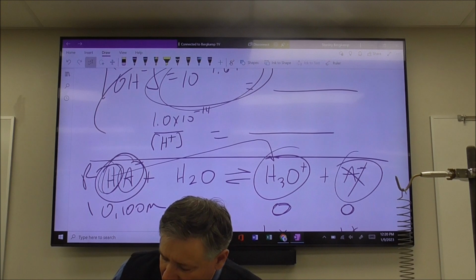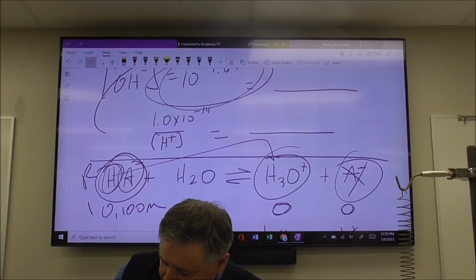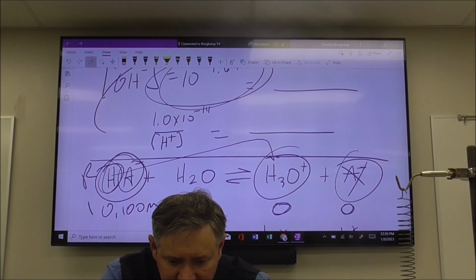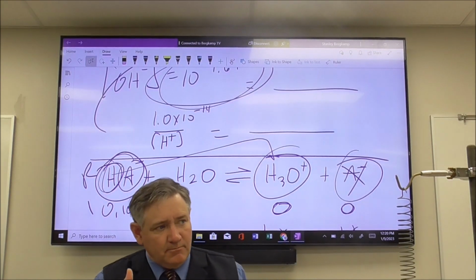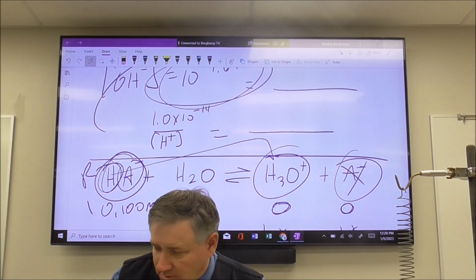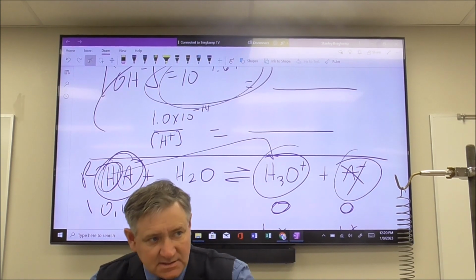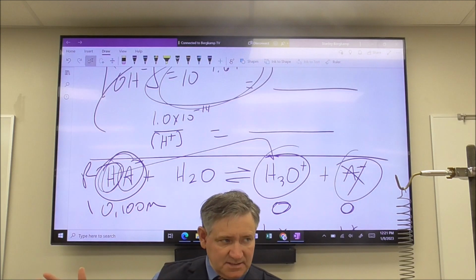It drops all the way down to, and still dropping, 2.56. So even though they're both 0.1 molar, the exact same molarity, the hydrochloric acid has a much lower pH than the acetic acid does.